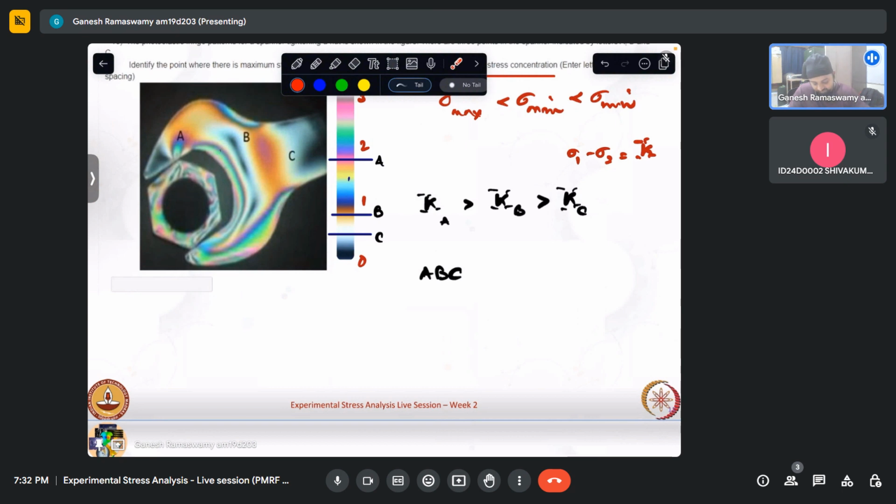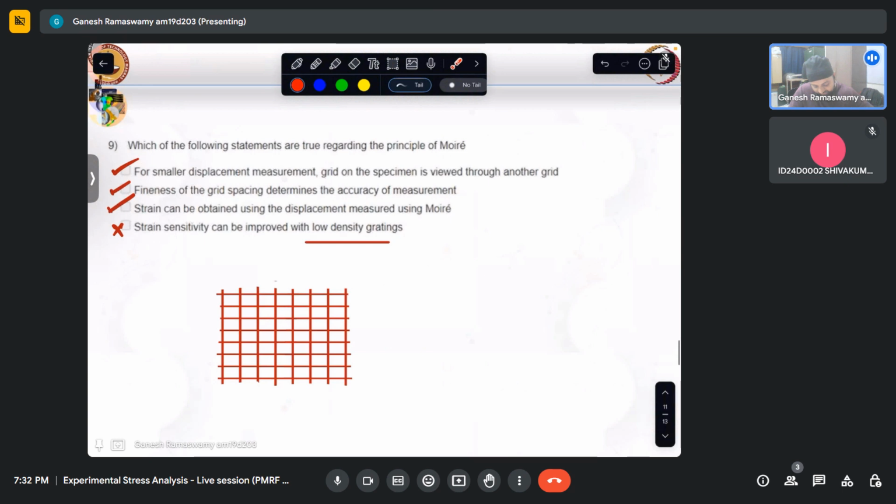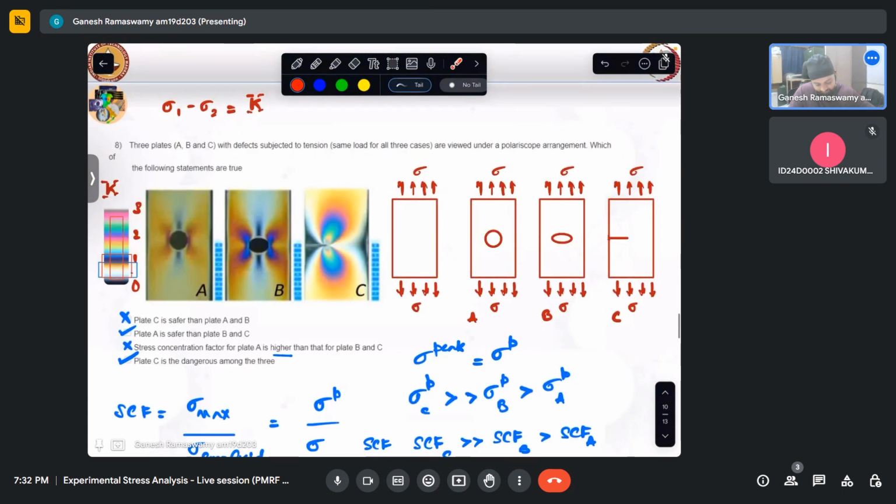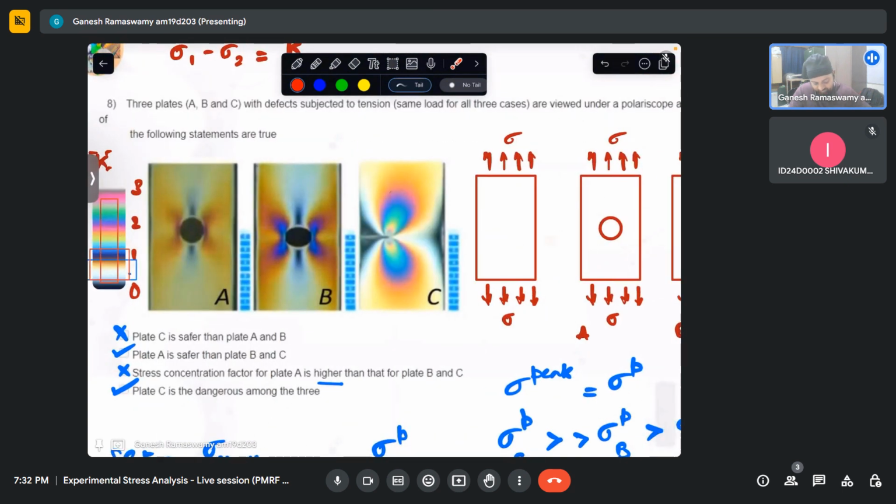So the fringe gradient also becomes higher. It can be clearly seen in this example. Actually, this is not shown fully, but what would happen is if we load it more, we'll be able to see that more and more fringes get concentrated here. And this is the point where the stress is at its peak.